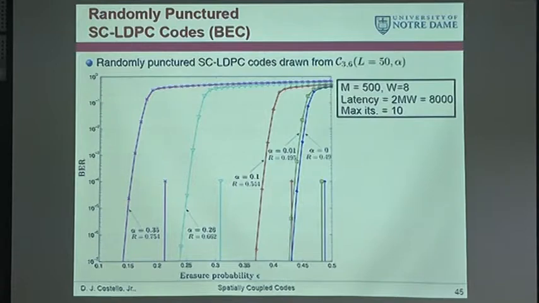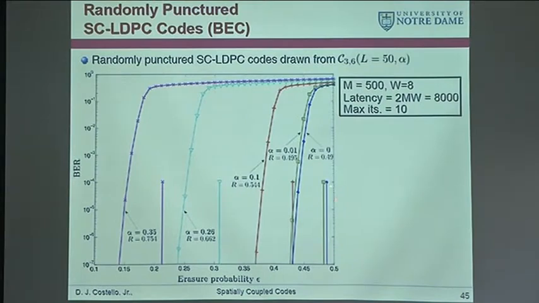Again, the notation varies among some of these slides because they're taken from a couple of different talks. But this is just a 3/6 regular ensemble with a termination length of 50. The alpha equals 0 curve here is no puncturing. So this is erasure channel results, the simulation for a 3/6 regular code.